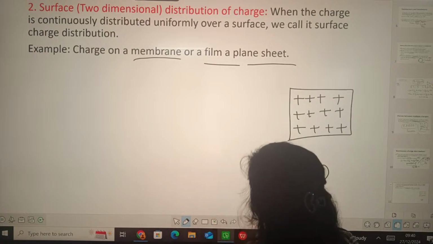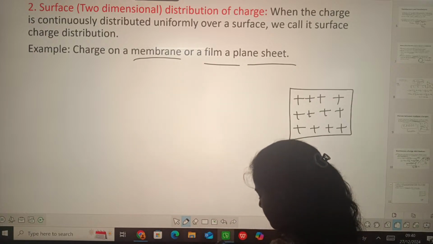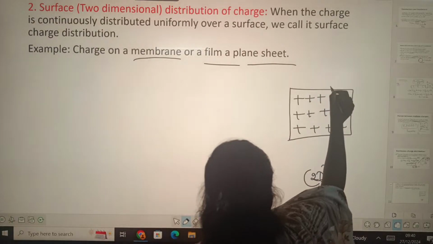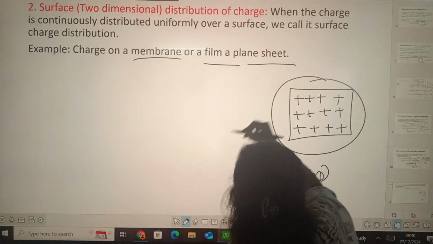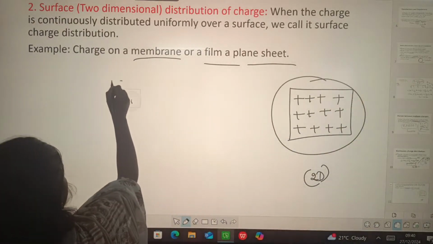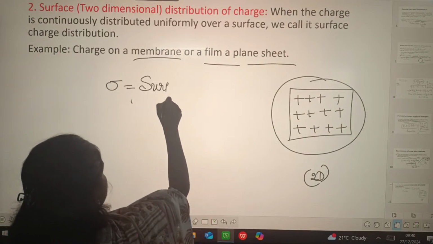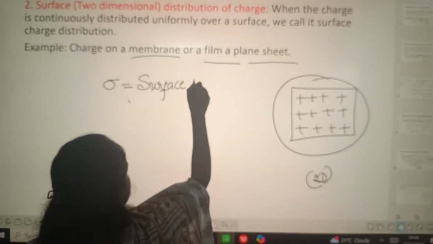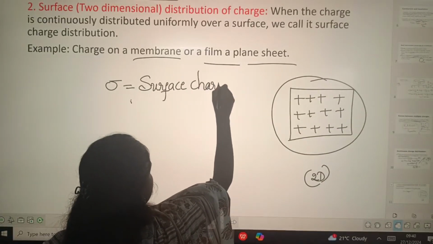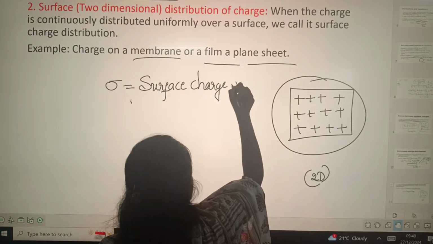Its surface charge density is denoted as sigma, the surface charge density.